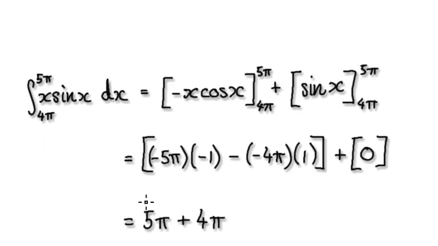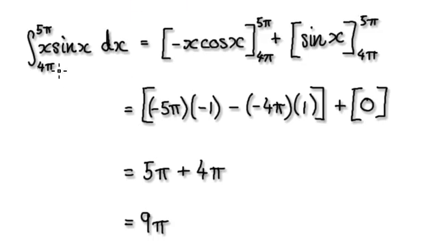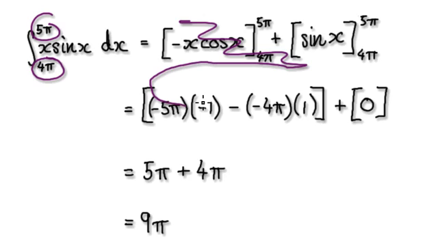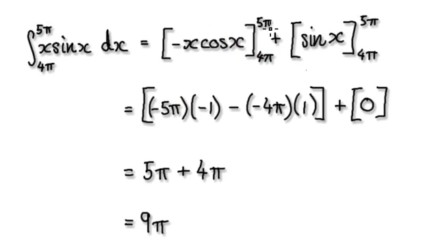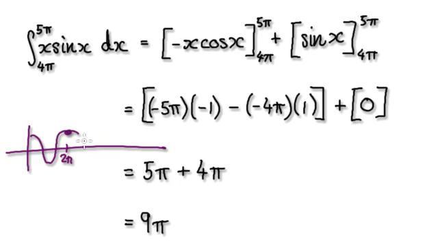Now we need to work out the area of the third hump. The area of the third hump would be us evaluating it from 4 pi to 5 pi. Follow the whole process again, and by the time you get to this stage, when you put 5 pi into this thing here, maybe draw yourself a quick graph. Cos would look like this. This here is 2 pi, this here would be 4 pi, and this here would be 6 pi.